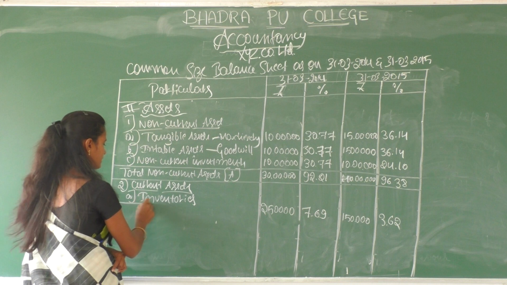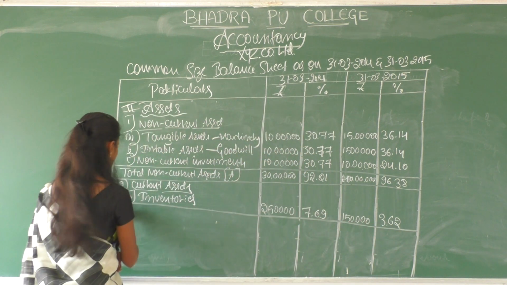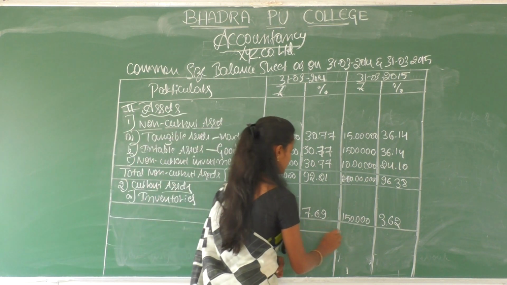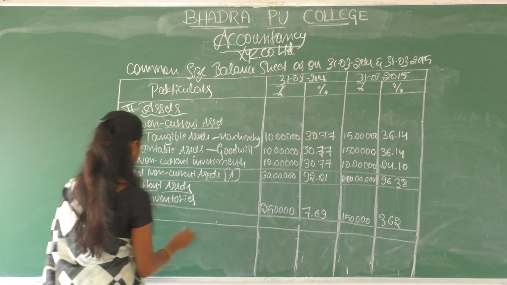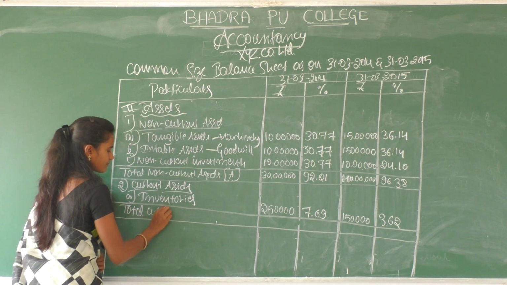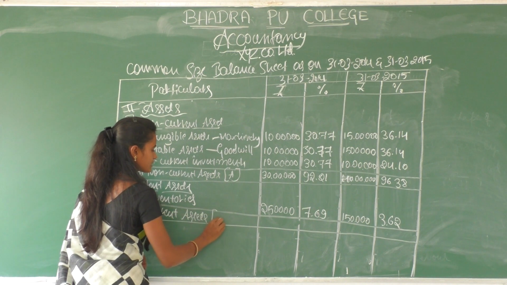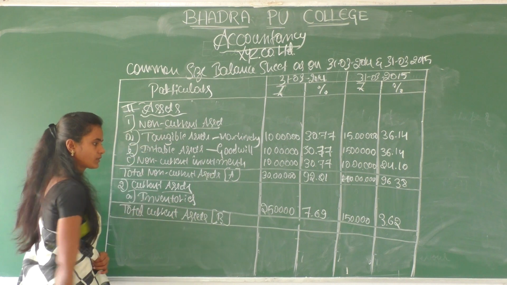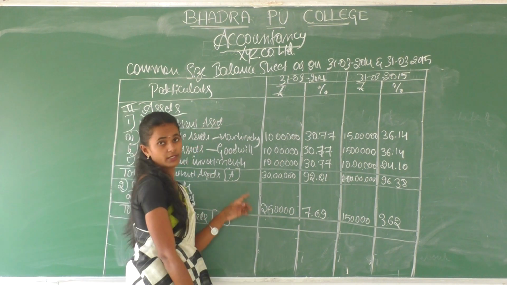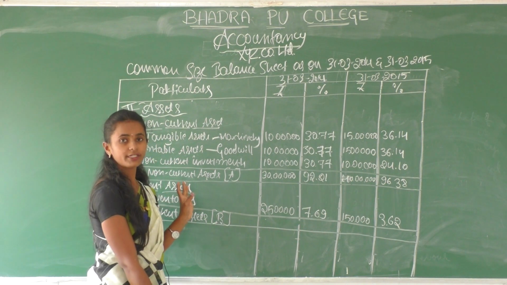We have written it and made the entry. So now we will get our total current assets, within the bracket B. Again we will get the same amount, because we have only one item under current assets, inventories.